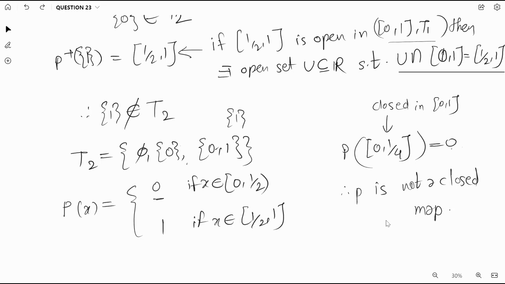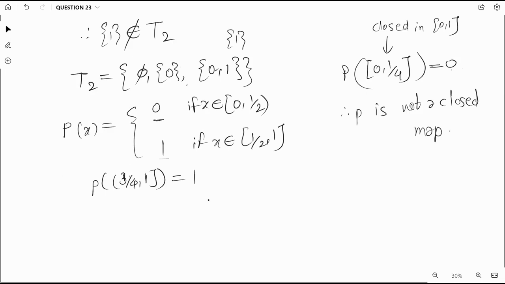Now, let us check if P is an open map. Consider P of (3/4, 1], which is open in the domain. It is {1}, by the definition of P. Now, is {1} open in the codomain?